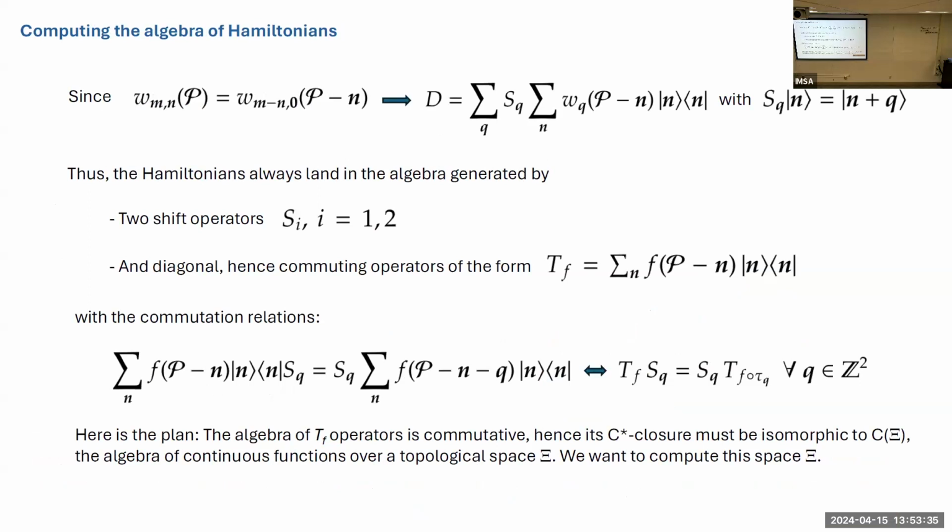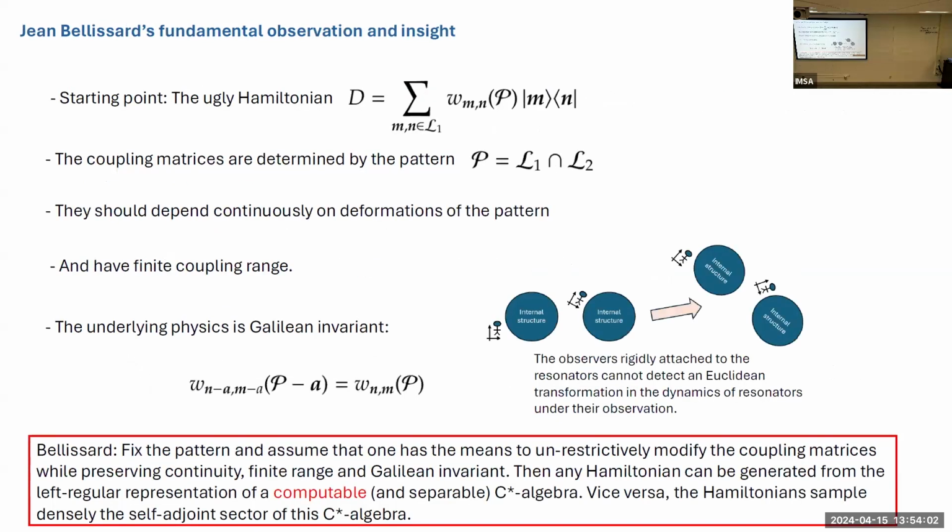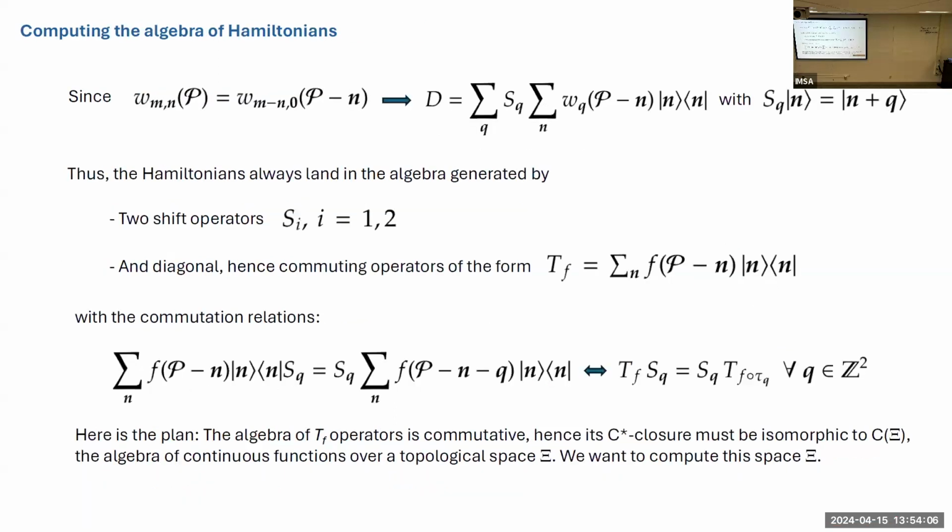Maybe I'm going too fast, but after I do this calculation, I will show on the blackboard how for any pattern of points, you can actually derive a separable C-star algebra, and that will be the start of the calculation. So let's see. Since we have this equivariance under these transformations, we actually can eliminate one of these indices.